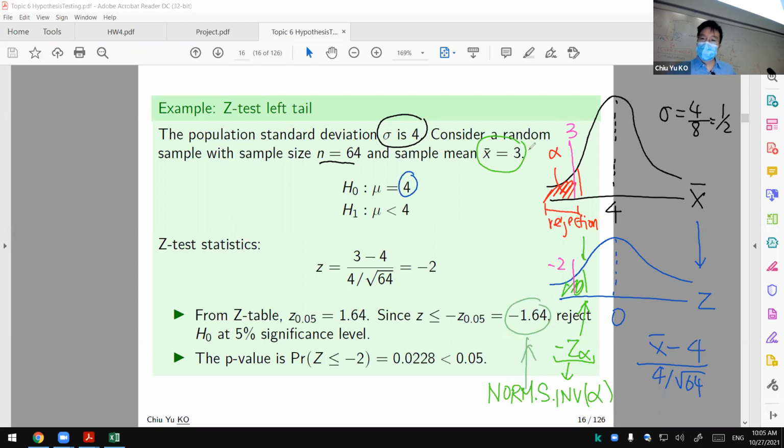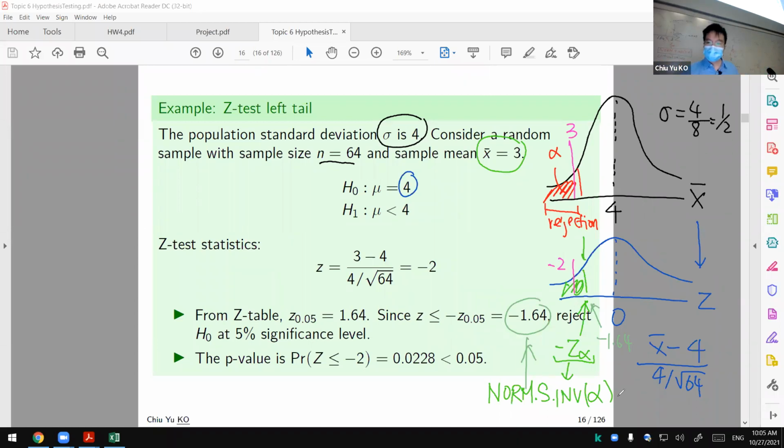You know the critical value is -1.64. So your -2 is even further away from 0 than the critical value. You are within the region of rejection, so you reject the H null at 5% significance level.